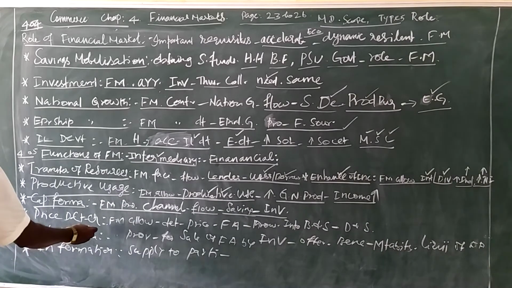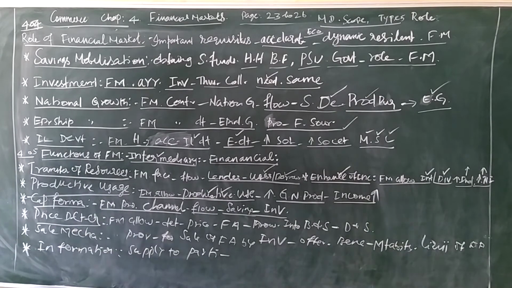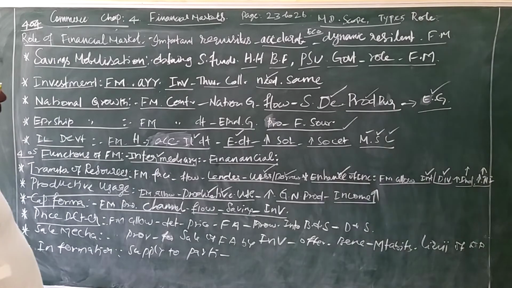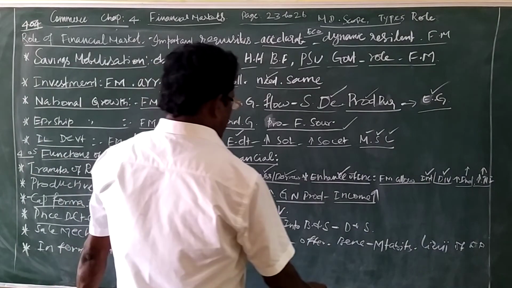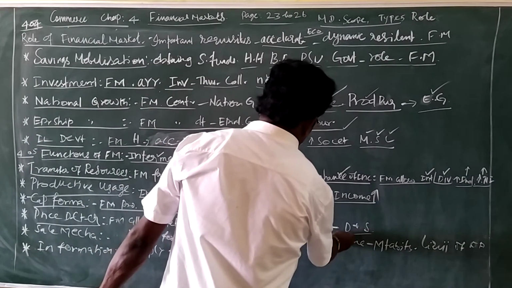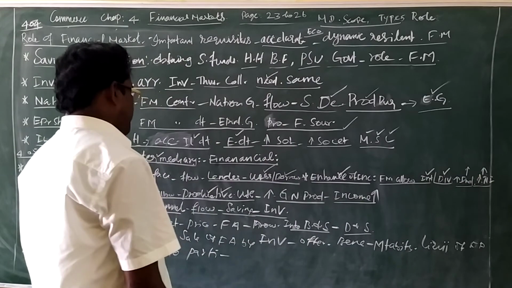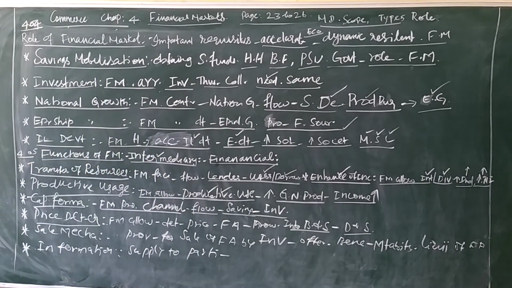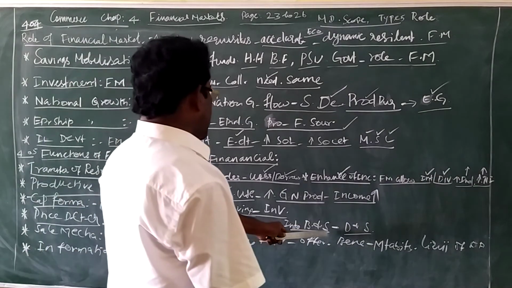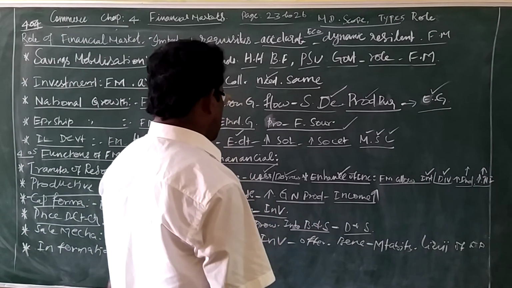Then price determination. Price determination means the determination of the price of financial assets through demand and supply, by buyers and sellers. So there are two parties, namely the buyer of the financial asset and the seller of the financial asset.